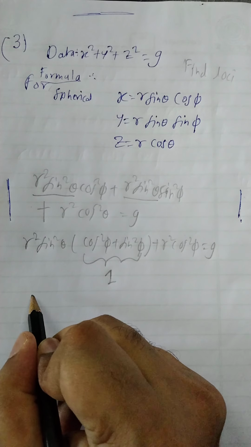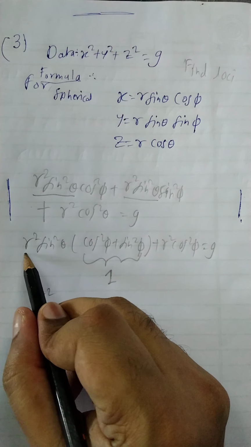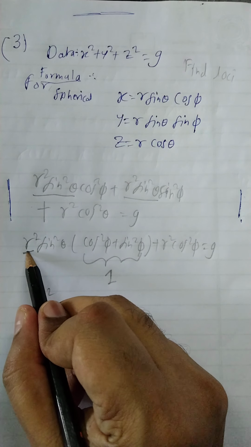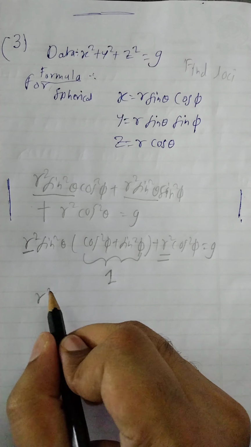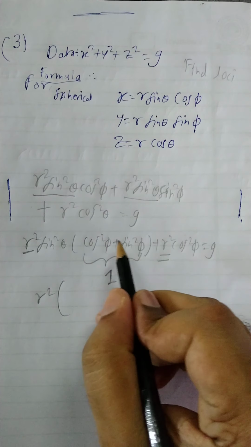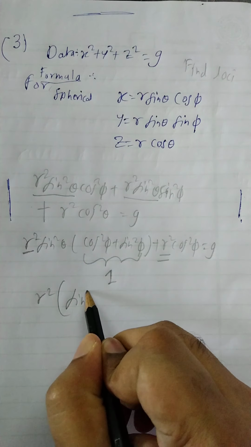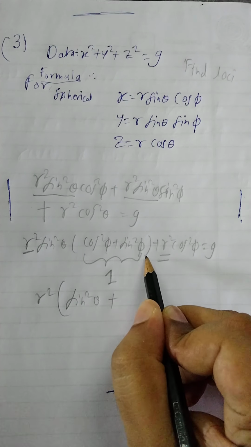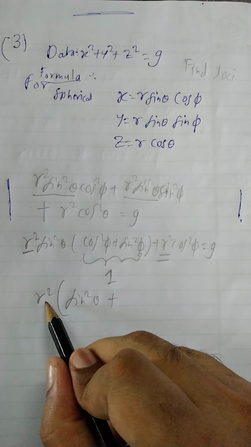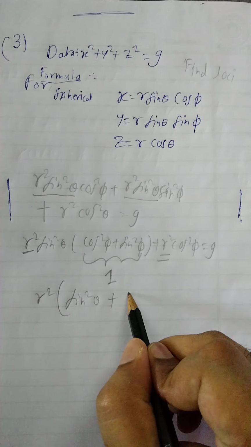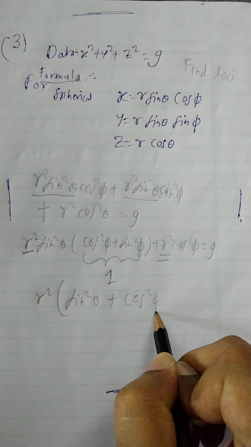So this equation will reduce to r square sin square theta plus r square cos square theta equal to 9. Now r square is common in the first term and also in the second term, so we are going to put it outside. I have taken r square out of the bracket: sin square theta plus cos square theta, which is equal to 9.